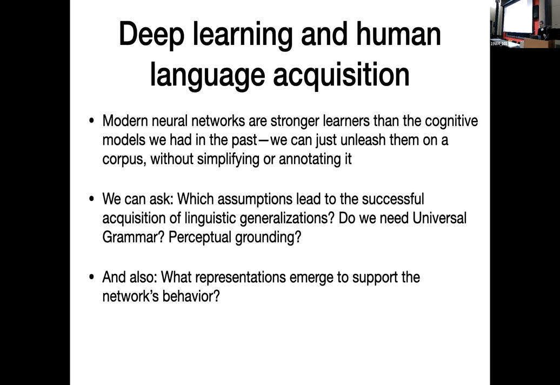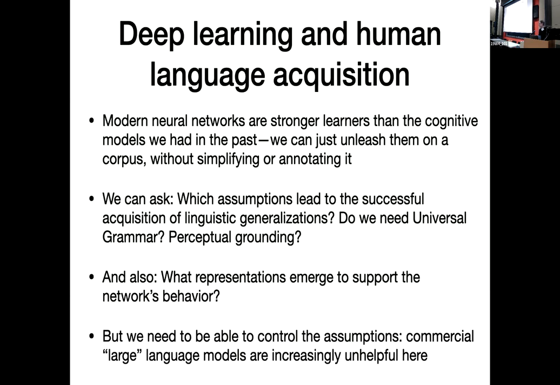But the crucial thing is that for the conclusions we draw to be theoretically meaningful in cognitive science, we need to be able to control the assumptions of the models that we're testing. And in my opinion, the large language models, the commercially available models that we can chat with on the internet, are increasingly unhelpful for answering those questions. They are becoming less and less relevant by the month.